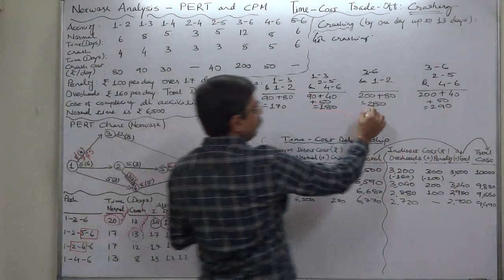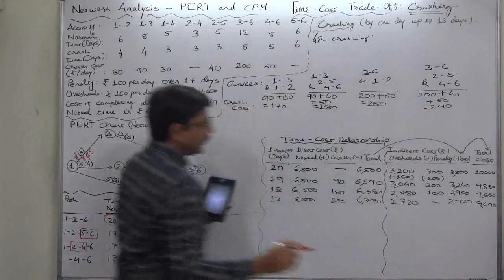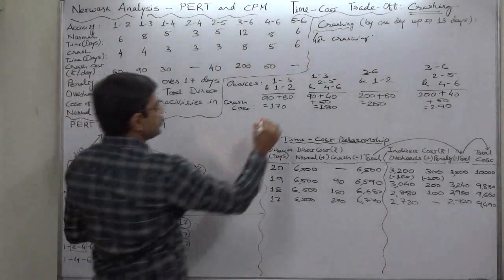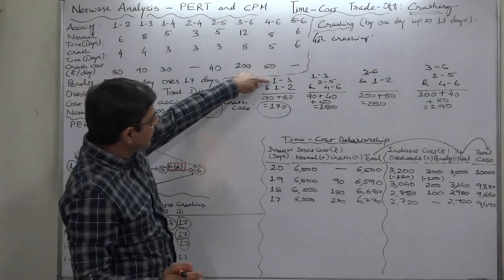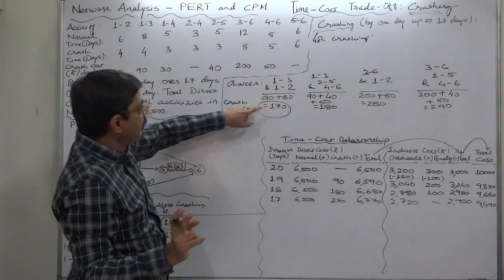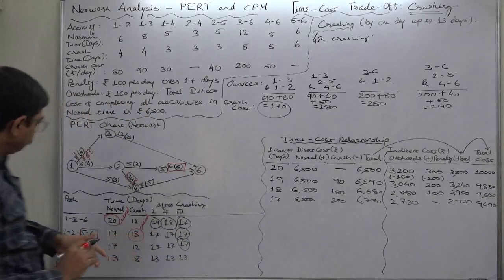Of 170, 180, 280 and 290, the lowest is 170. That means we prefer to crash activity 1-3 by 1 day and activity 1-2 by 1 day.